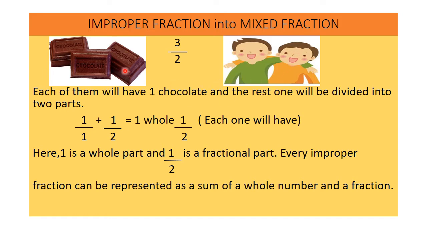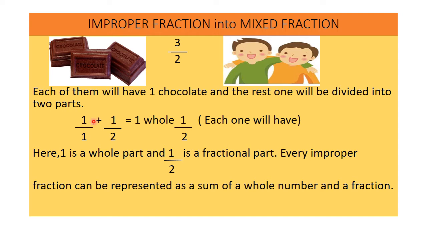So now 1 chocolate is left. Out of these 3 chocolates, 1 chocolate is left. So that chocolate will be divided into 2 equal halves, and each of them will have that half chocolate. So that means each of them will have 1 whole part of the chocolate plus 1 by 2, which is a fractional part of the chocolate, right?